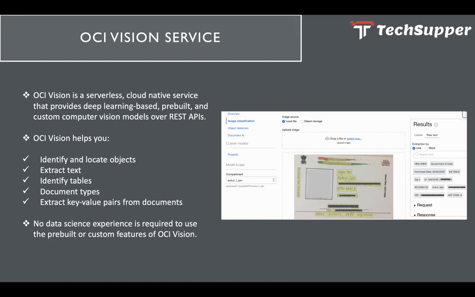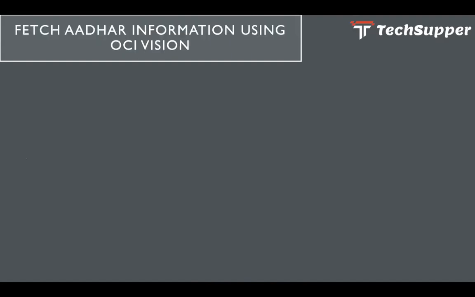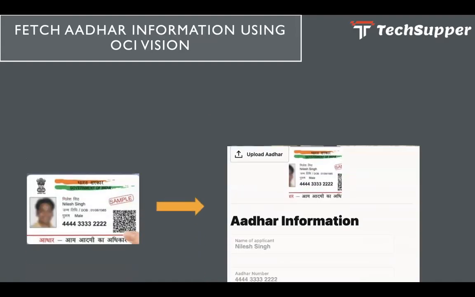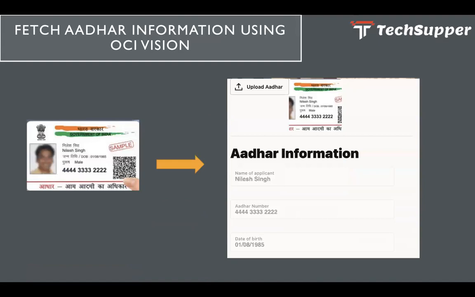Now I am going to use Oracle Integration and then Visual Builder, wherein I will create one REST API which will call the OCI Vision REST API and provide the document, and using that document, it will give me the information. From that bunch of information, I will extract the relevant information and provide the response in JSON. Then I will consume that REST API in my Visual Builder application.